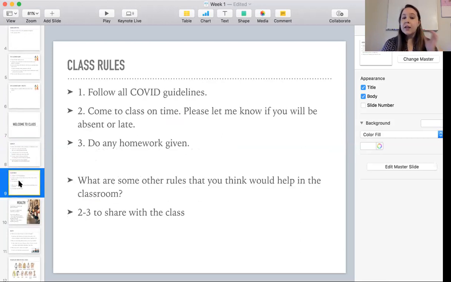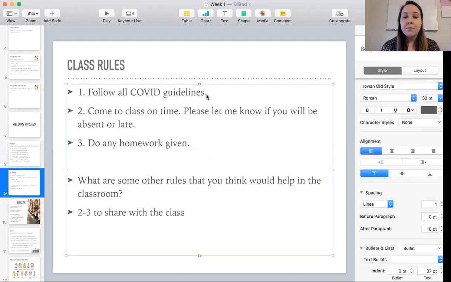Now, as we look at the class, I want us to make sure we know what we have to do in class so that we can learn well. Some of the class rules that I've thought of. Number 1, we need to be following all of the COVID guidelines, so all of the COVID rules.